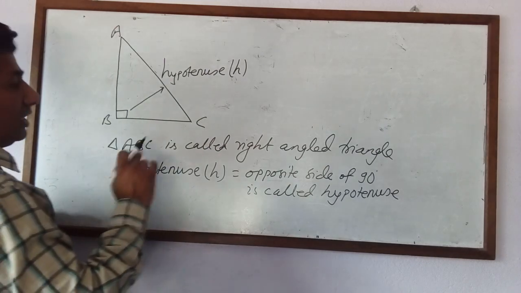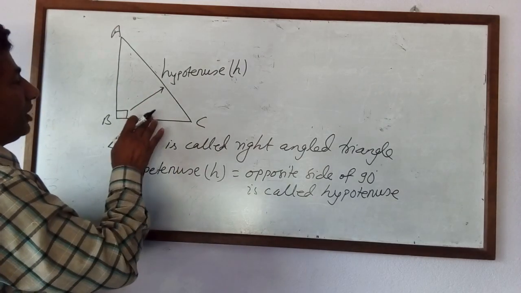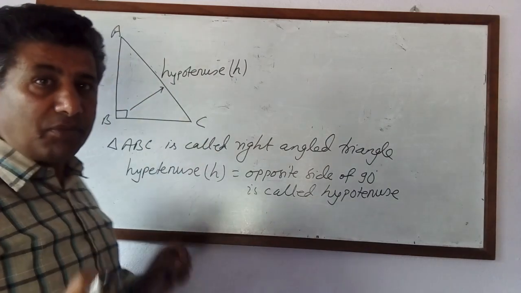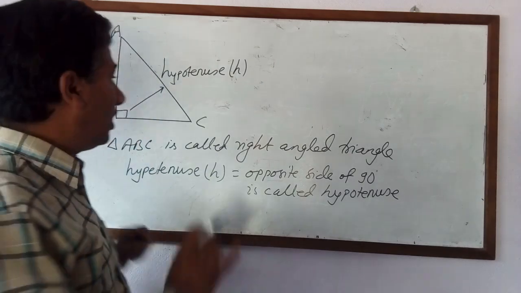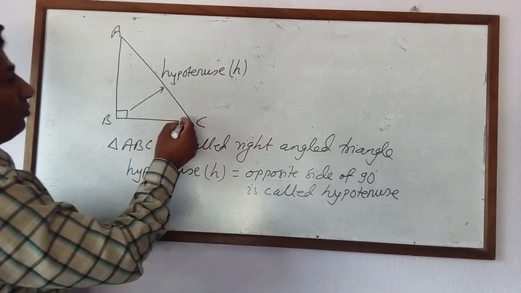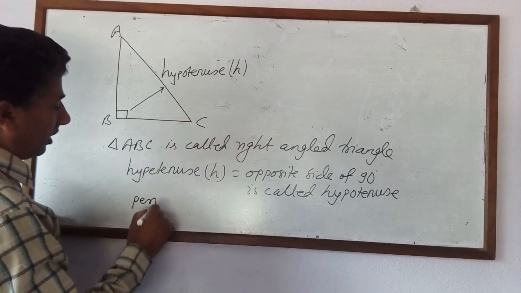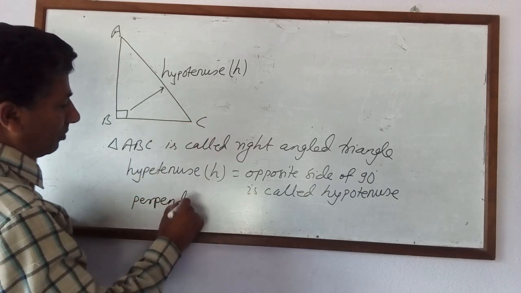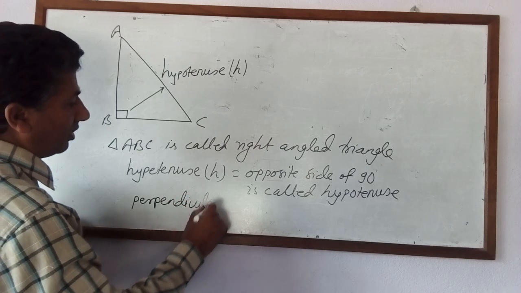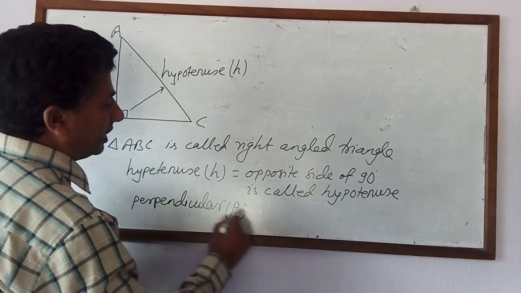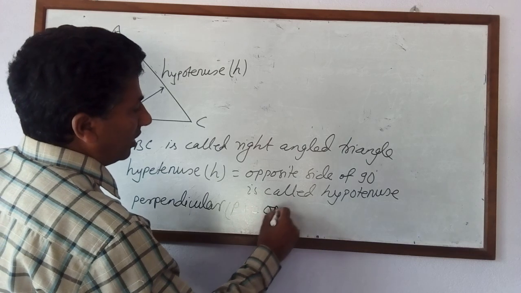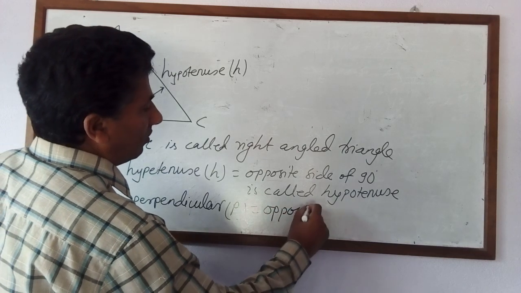And now the remaining two sides, one is called perpendicular, another one is called base. Now for this angle C, which side is called perpendicular? Small p, this is the opposite side of the reference angle.